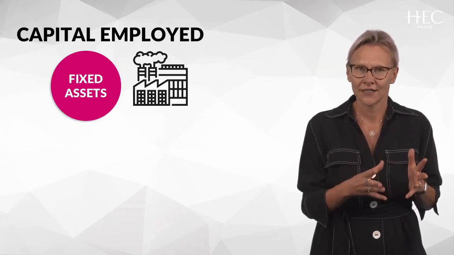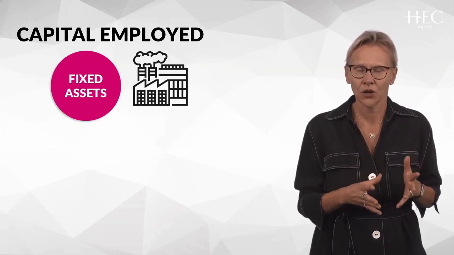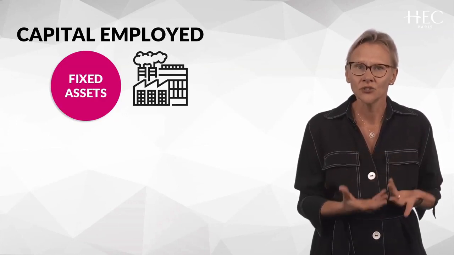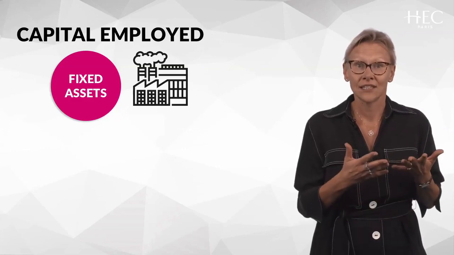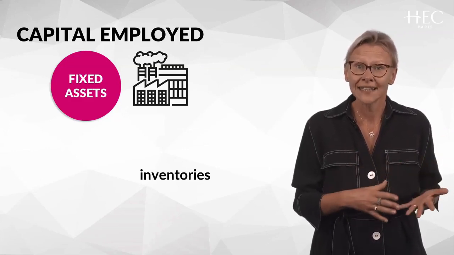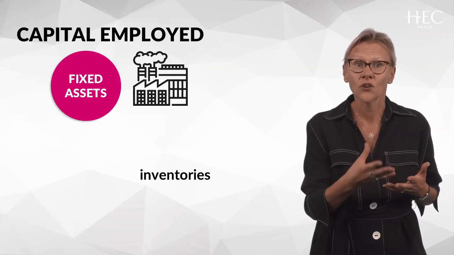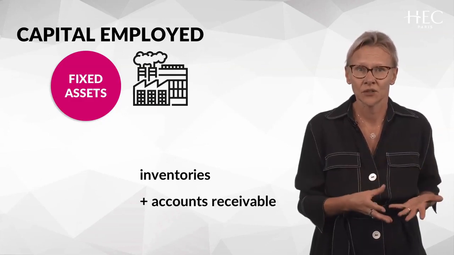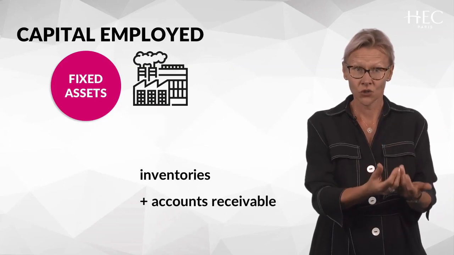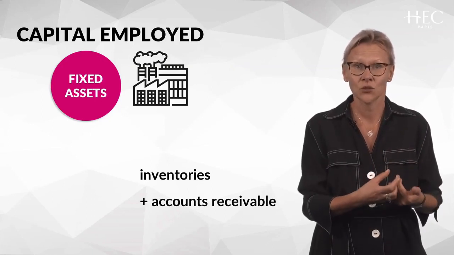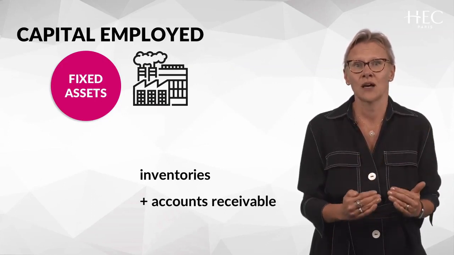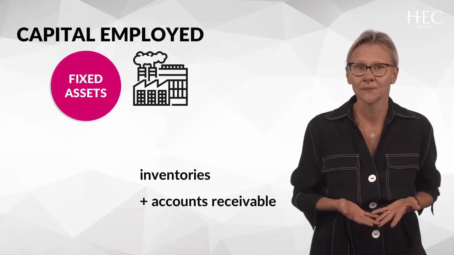Capital employed recovers several items that you can read in the balance sheet of the company. First, factories, machines, trucks. Those are called fixed assets. But there is more than just fixed assets in capital employed. In order to run your company, you also need inventories, and your clients might not pay you right away. Those are accounts receivable. On the other hand, you in turn might not pay your suppliers right away, so this will lower the amount of money you need to run your company.